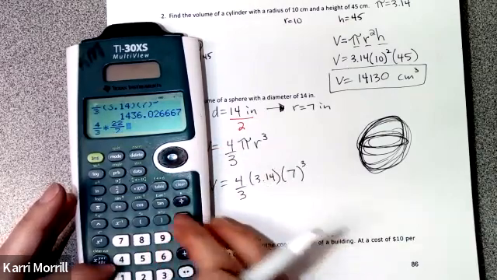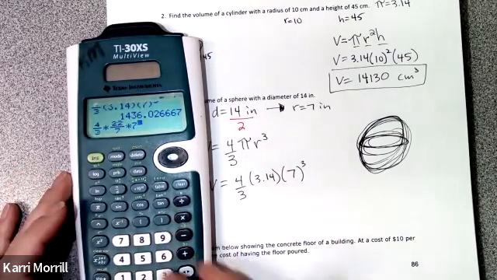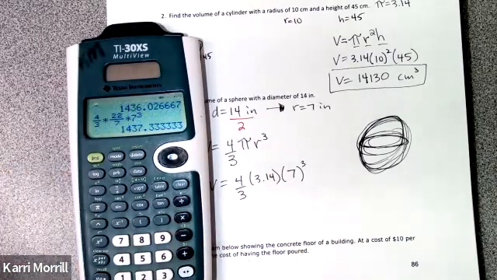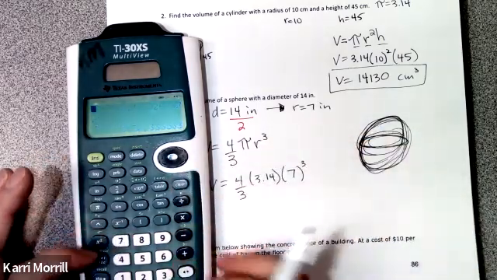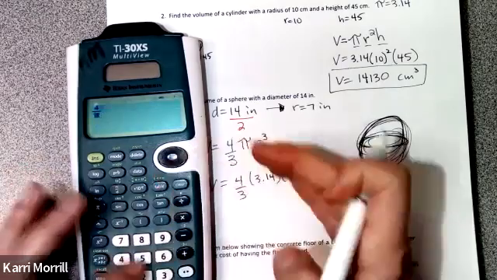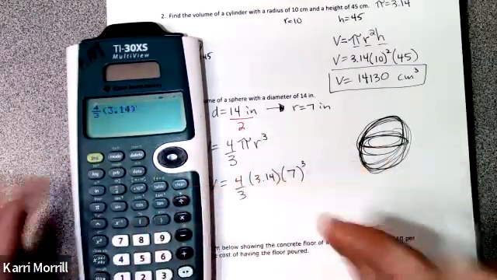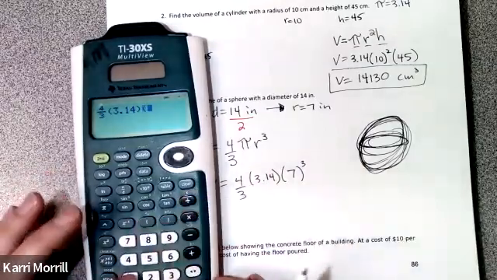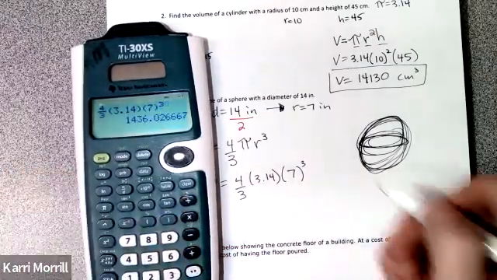And then I'll go ahead and say times 7 to the third power. So either way, you get something that's repeating. So let's go ahead and use our 3.14, and then you would probably be told where to round on this one in WebAssign. Most of the time they're using 3.14. Very rarely I've noticed that they will tell you to use the 22/7.